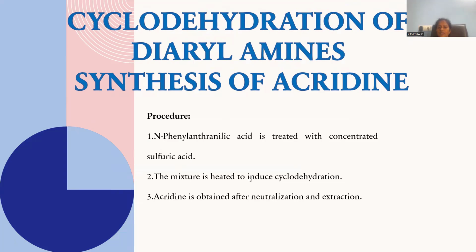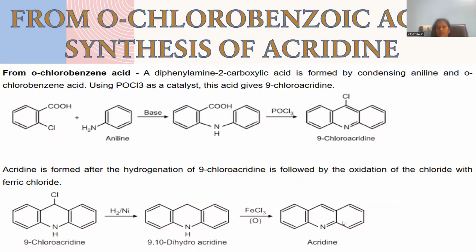The mixture is heated, and the cyclodehydration process is accompanied by raising the temperature. Acridine is obtained by neutralization and extraction. After the ring cyclodehydration, reduction and subsequent oxidation are the consequent steps, giving rise to acridine as the final product. Let me go with another methodology of synthesis.